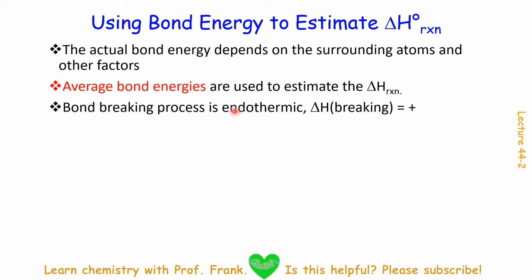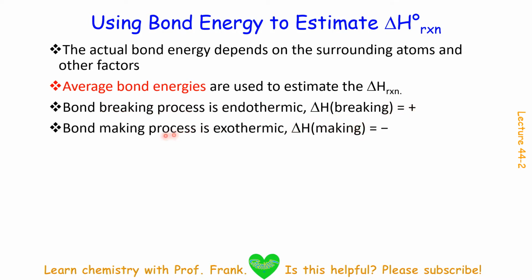It simply means it takes energy, or energy needs to be added to the system, in order to break those chemical bonds. The opposite is true for the bond making process. Bond formation is exothermic with a negative sign for delta H. In other words, energy or heat is released when bonds are formed.